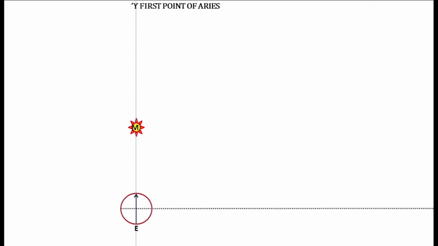Now, as I said, the Earth is rotating as well as revolving around the Sun. So it is moving along like this, and it goes around the Sun in 365 days, so approximately 59 minutes is covered in a day.